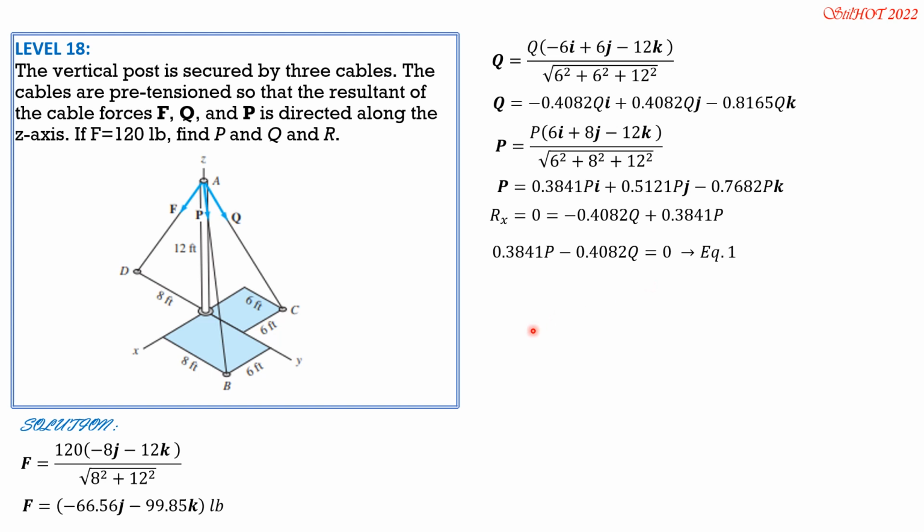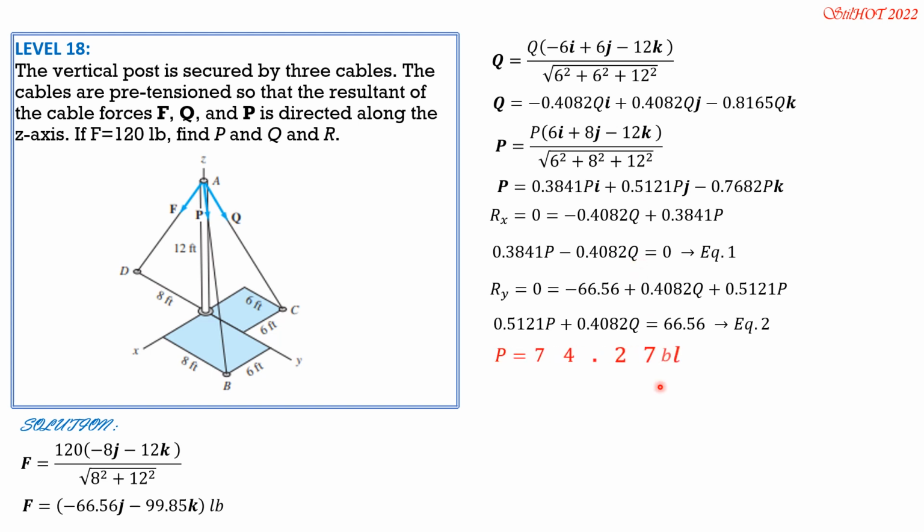Ry is also 0, and it is equal to negative 66.56 plus 0.4082 Q plus 0.5121 P. So simplifying, 0.5121 P plus 0.4082 Q equals 66.56, equation 2.